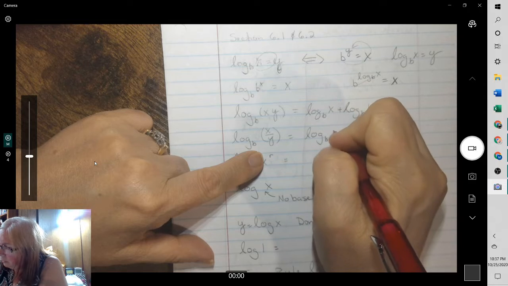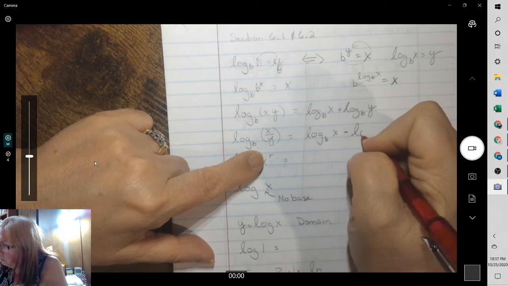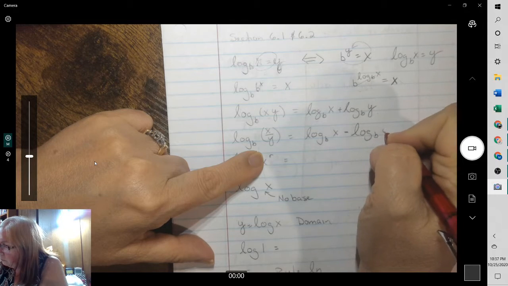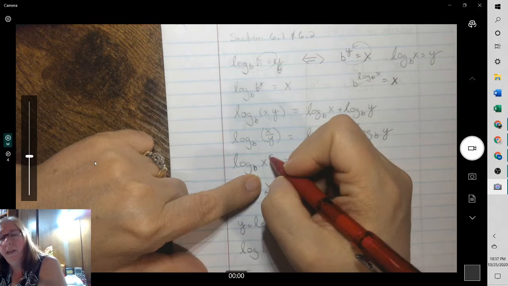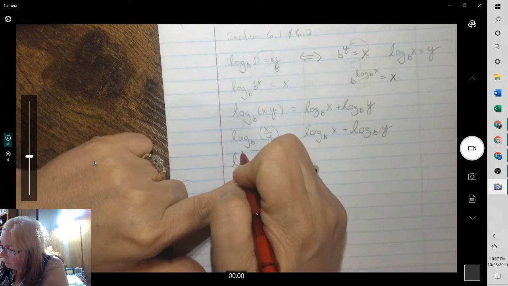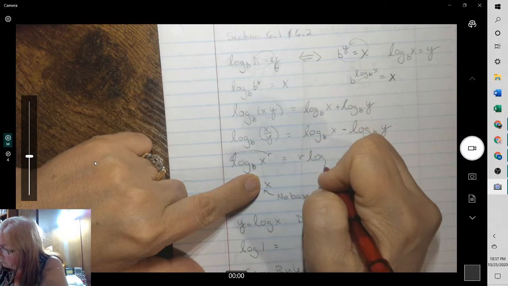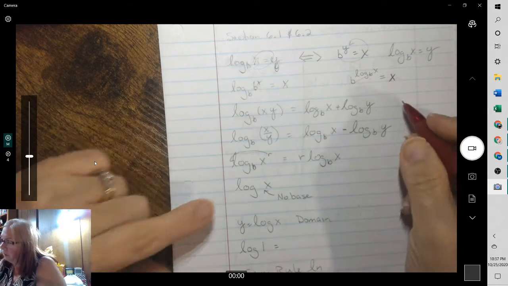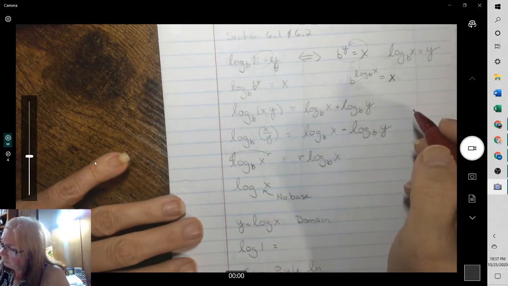Log base b of x over y, and it's the top one minus the bottom one. When you have an exponent, you can move it down in front. So these three are also the same with the natural logs.